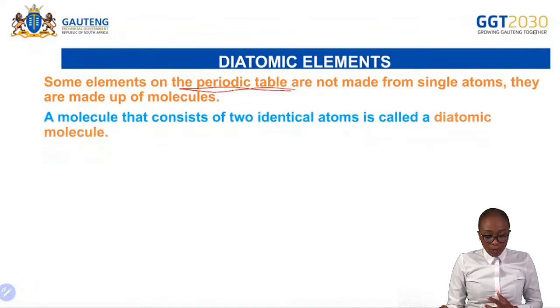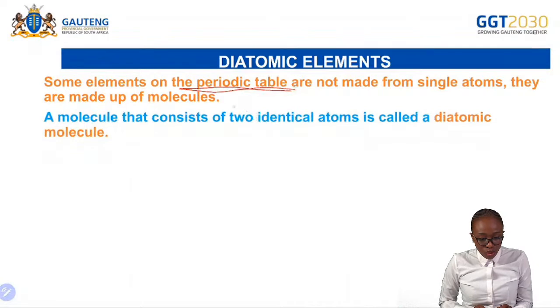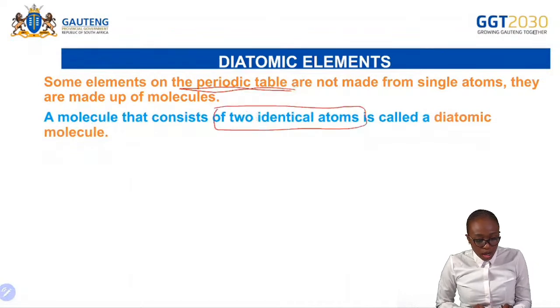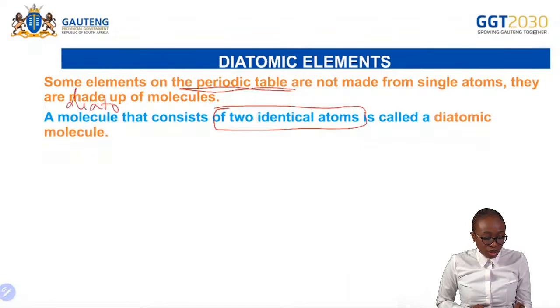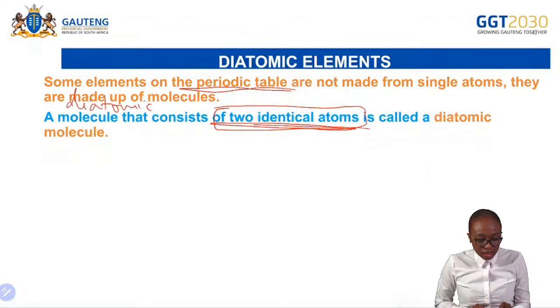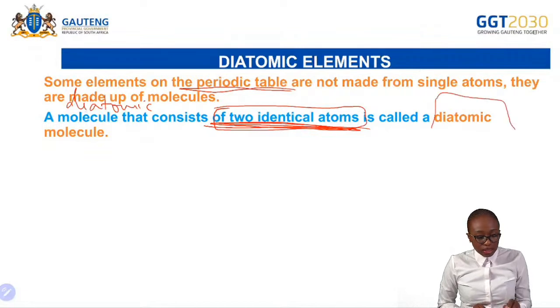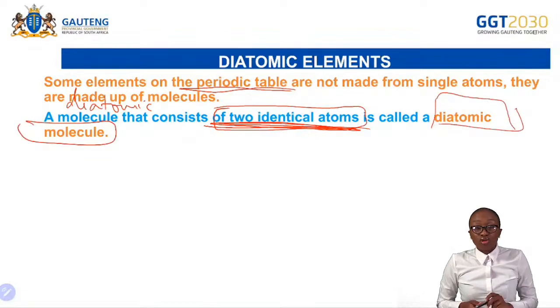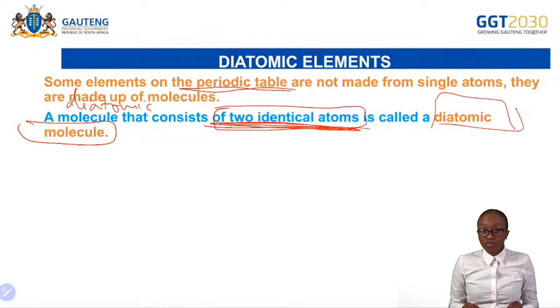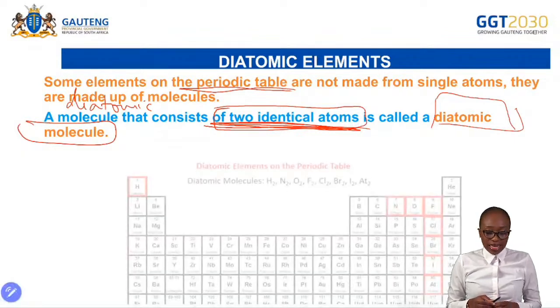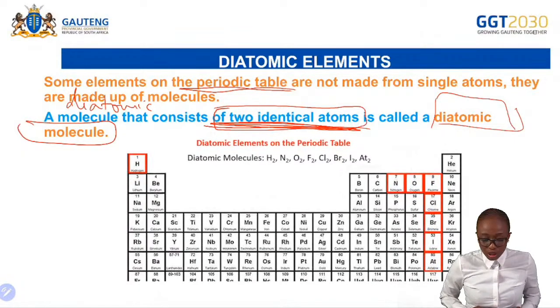Remember, a diatomic molecule consists of two identical atoms, and we call this a diatomic molecule. So if you have two atoms that are identical and chemically combined, what do you call it? It is a diatomic molecule.